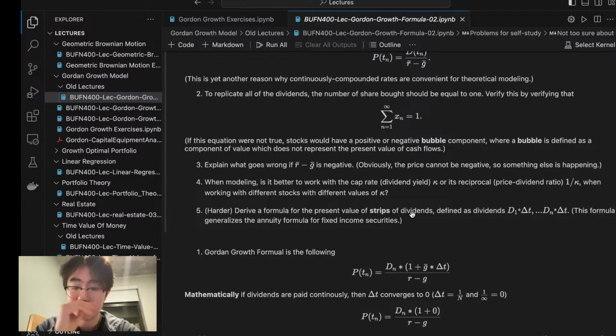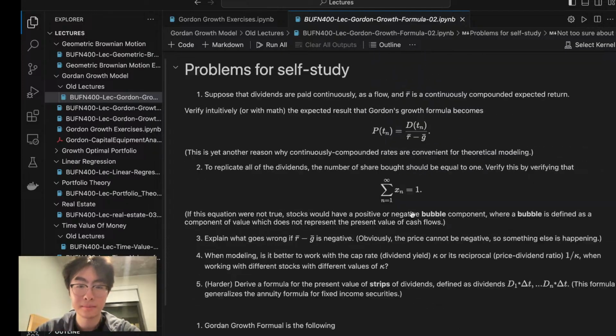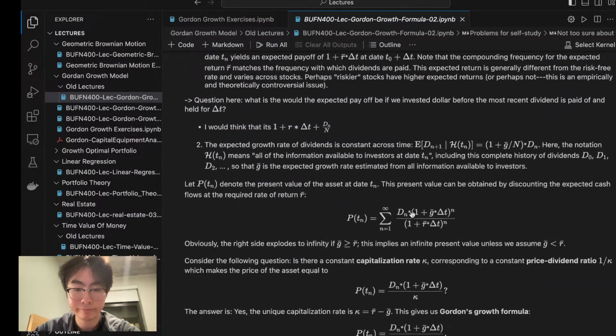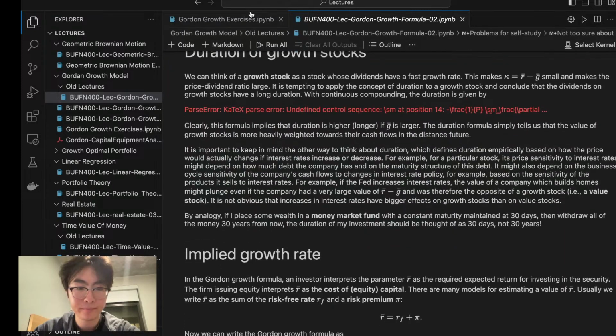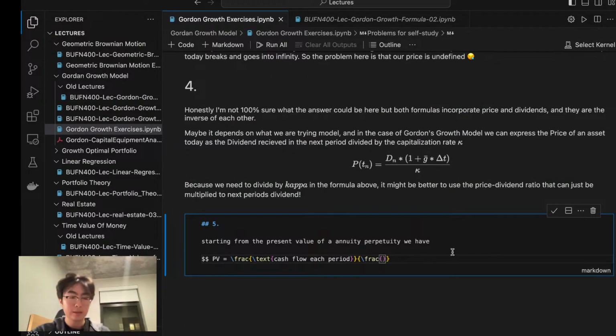I have strips of it defined as dividends D1. Yes, okay.